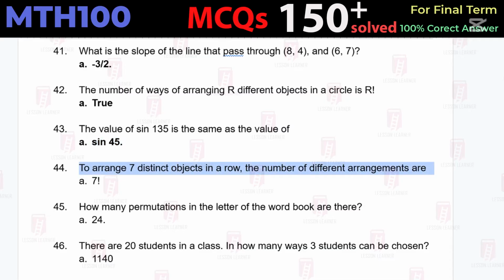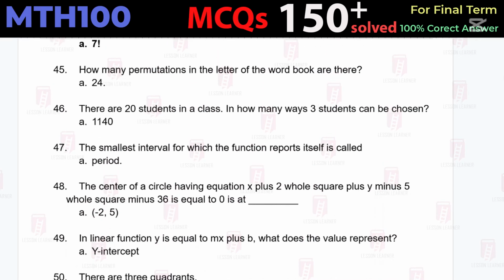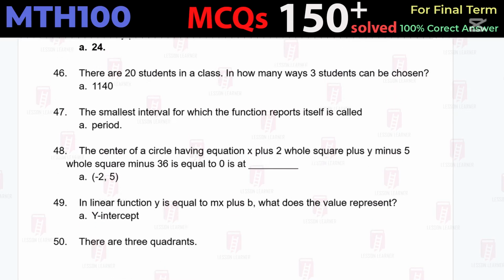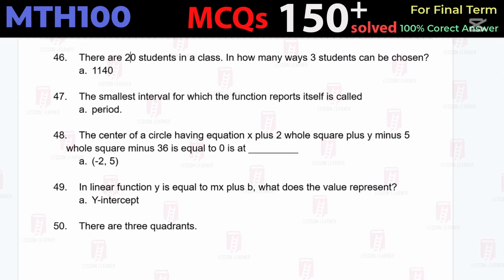To arrange 7 distinct objects in a row, the number of different arrangements is 7!. How many permutations of the letters of the word book are there? There are 24 ways.